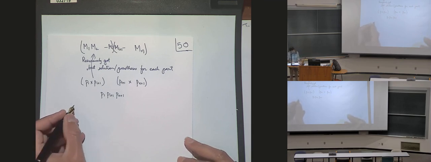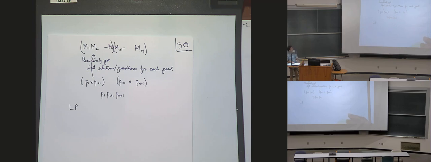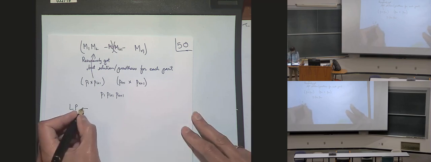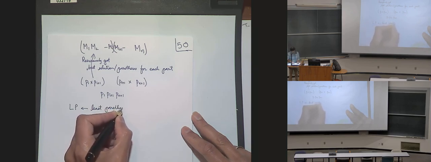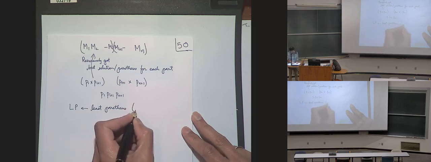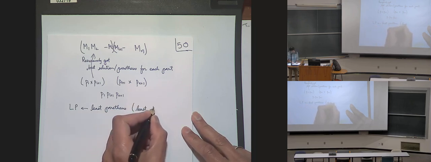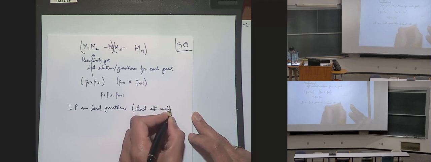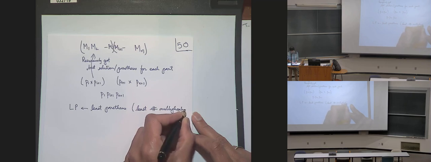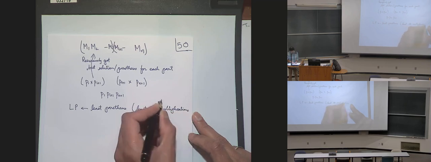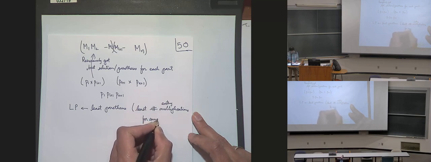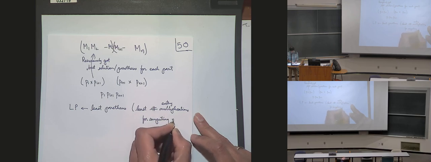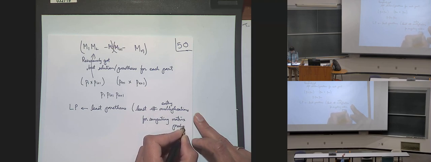I'm just going to build either a table or a recursive function, which I'll call LP, the least parentheses, which is the least number of multiplications for computing the matrix product.